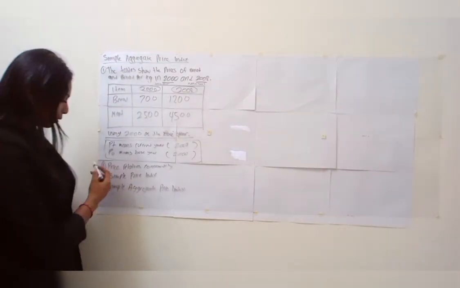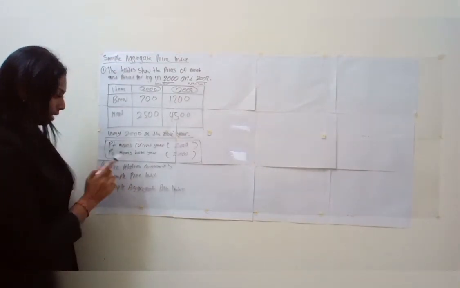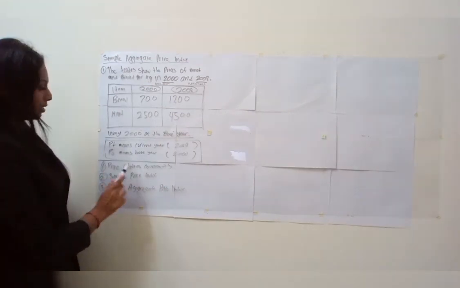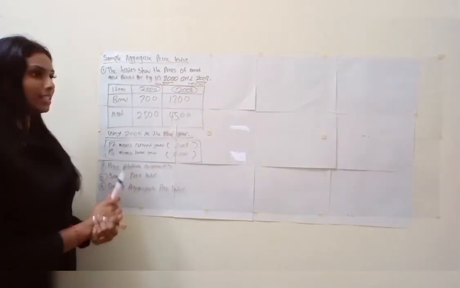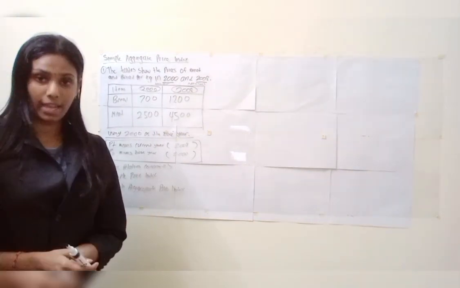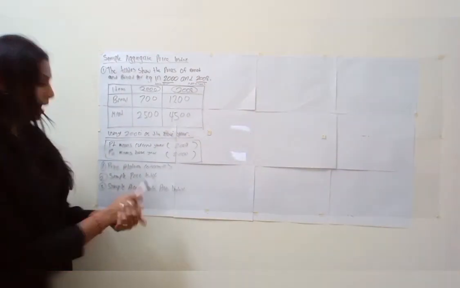So to solve these three things: price relative, simple price index and simple aggregate price index.